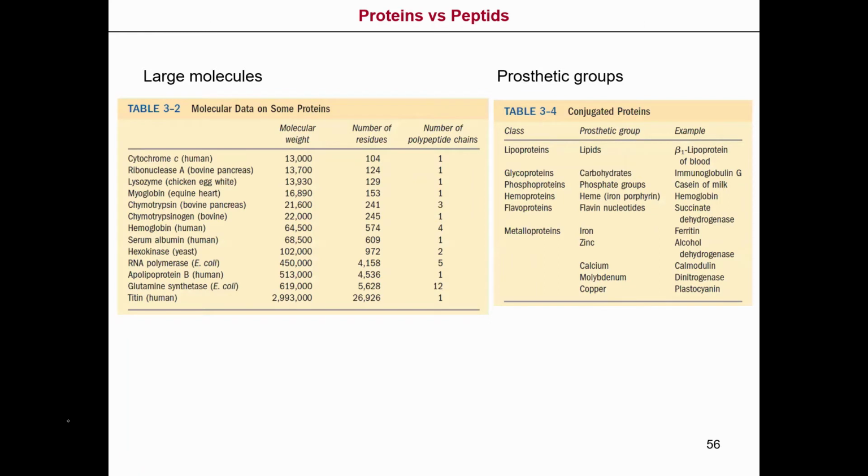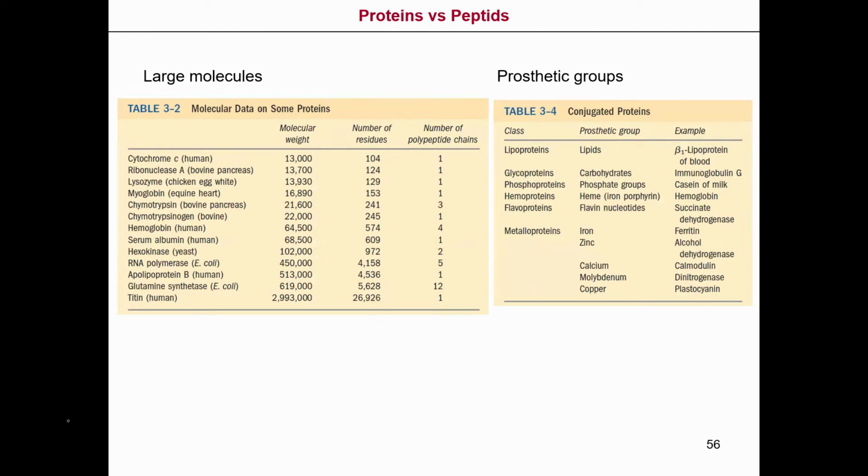Okay, it's not the usual definition. Another answer: the class of proteins is over 10 kilodalton, otherwise peptides are less than 10 kilodalton. Okay, it can be a definition. So it's a matter of size.